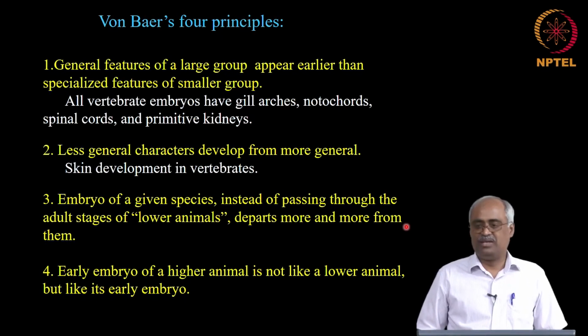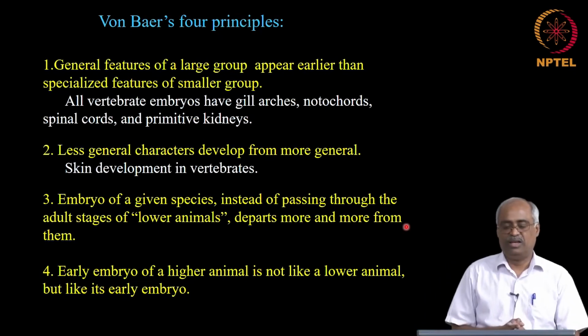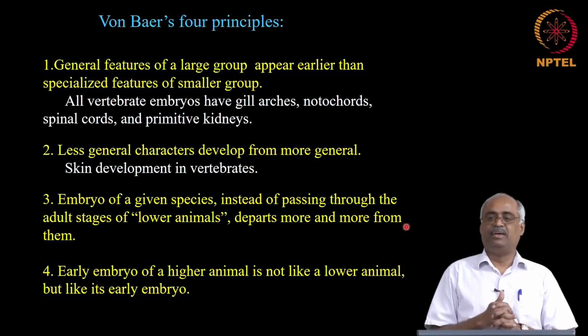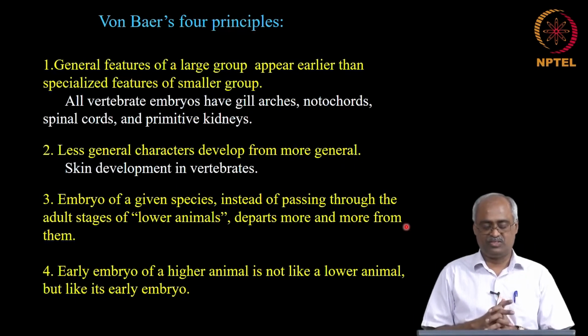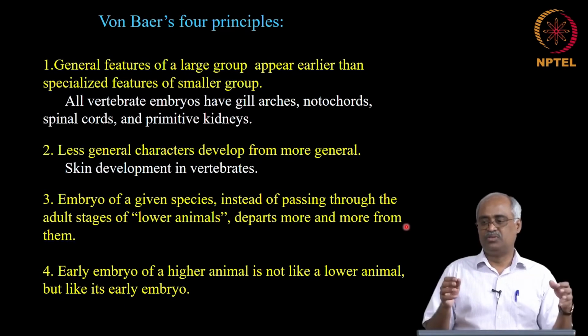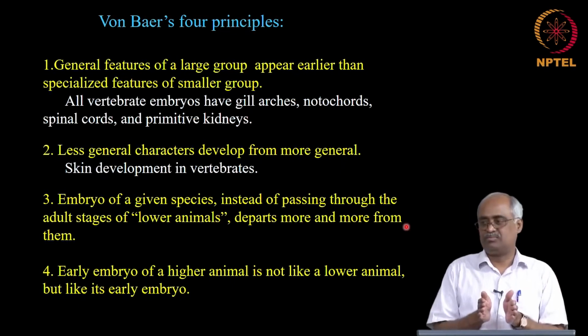So, what von Baer proposed is that the general features of a large group appear earlier than the specialized features of a smaller group. So, meaning if you take, let us say, all mammals, that is a larger group as opposed to taking only primates.